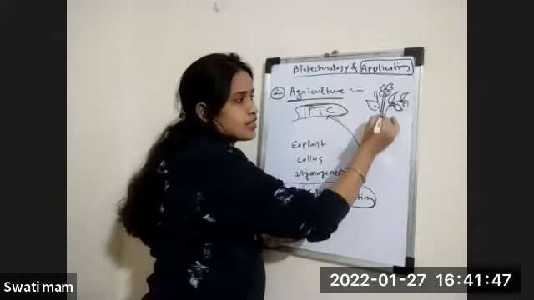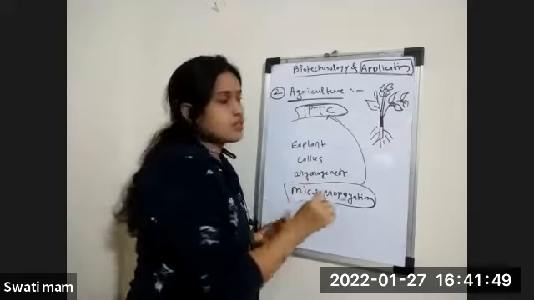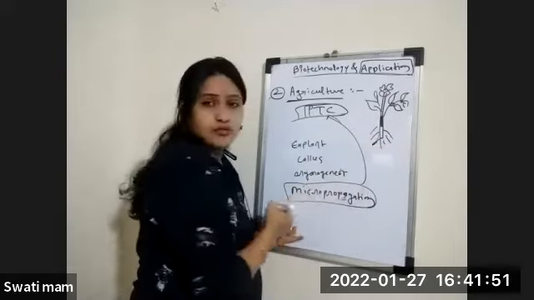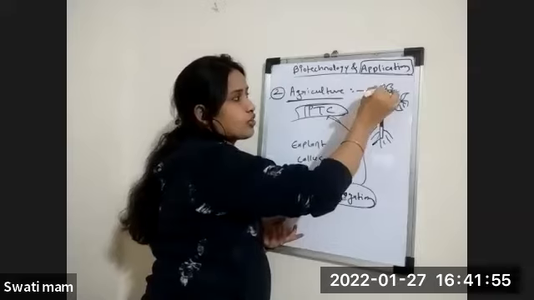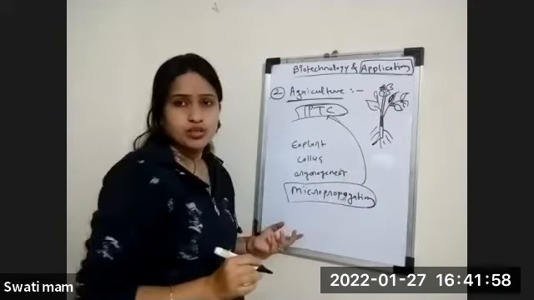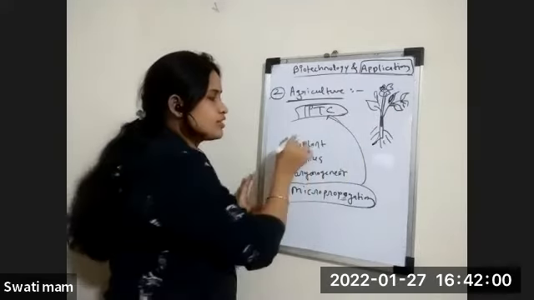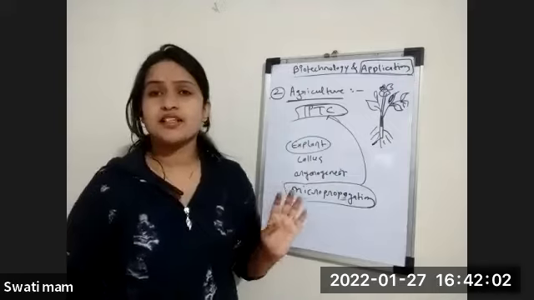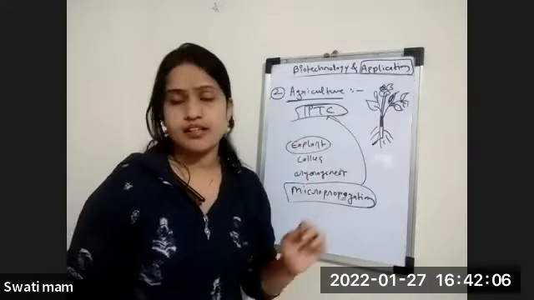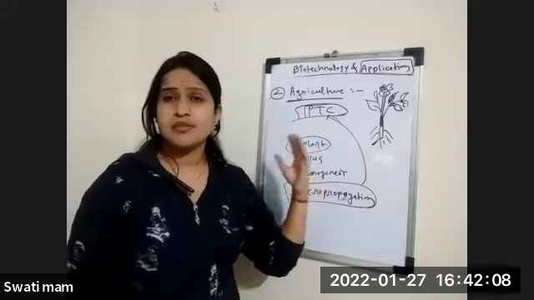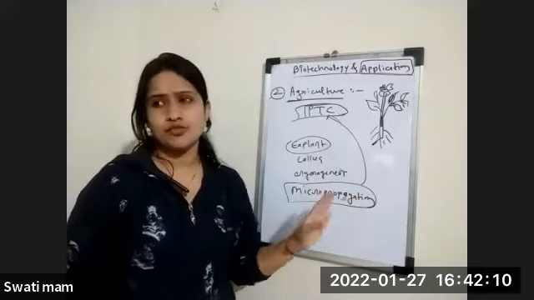For example, we take only the stem portion, or the root portion, or the leaflet portion, or the flower portion, okay? So what is explant then? Explant means the part of the plant which we take from the plant, that is called explant. It may be stem, it may be root, it may be leaves, okay?